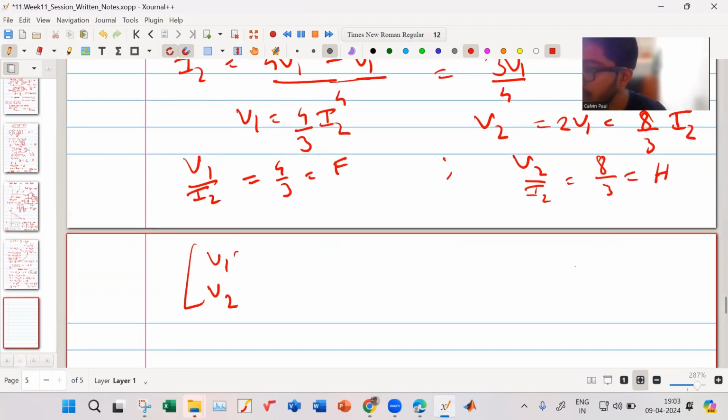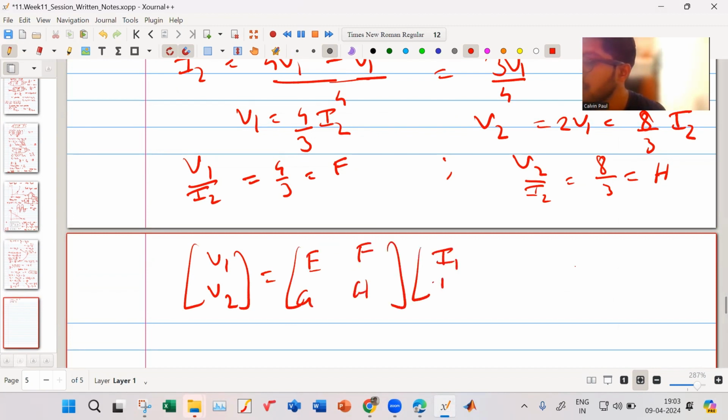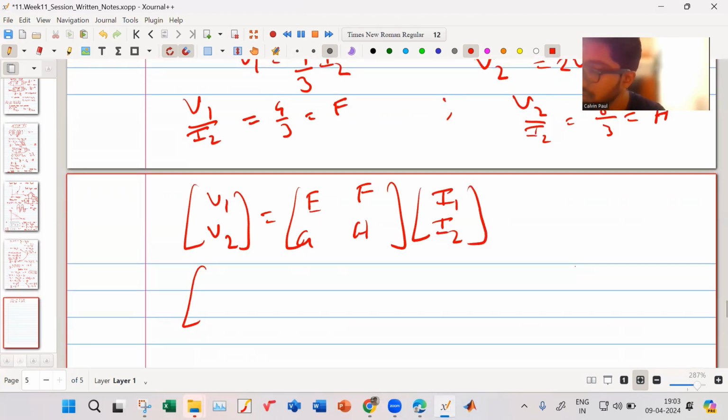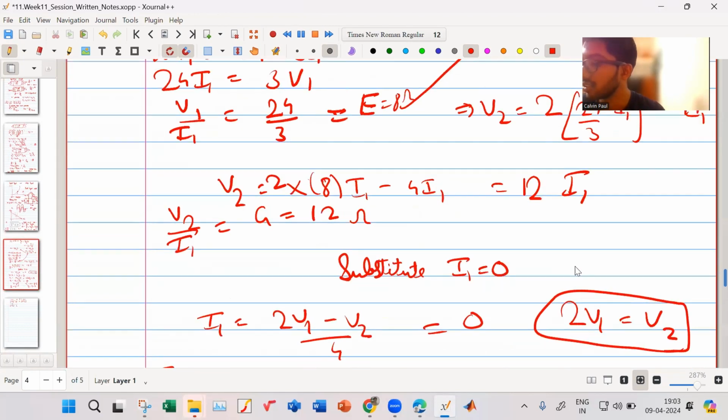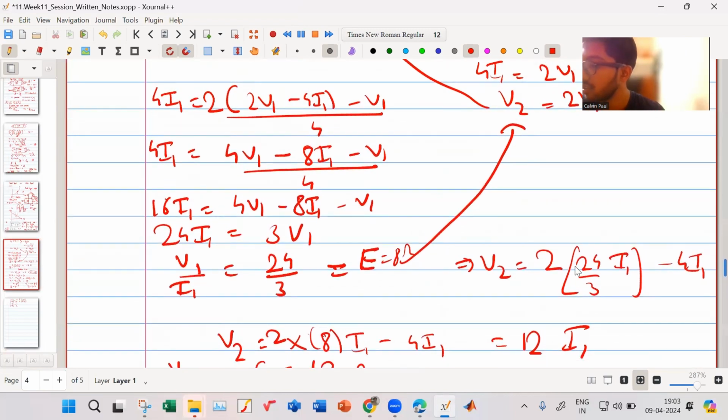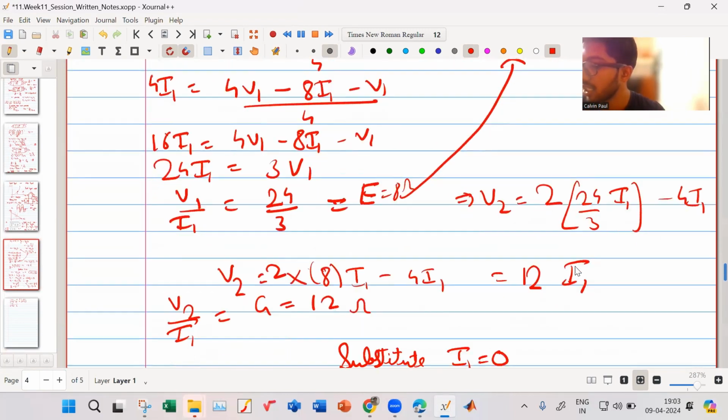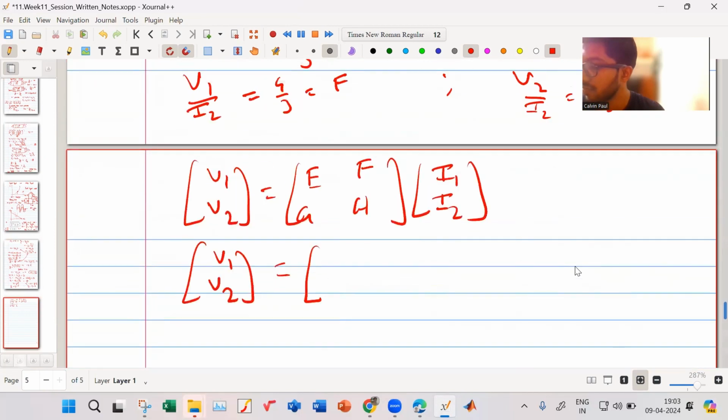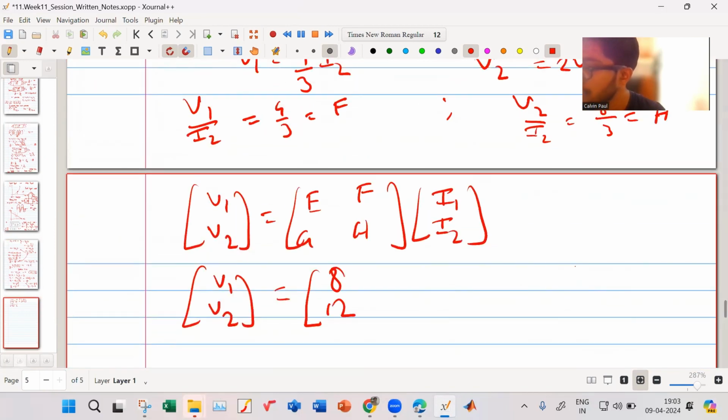We have V1, V2 is equal to E, F, G, H, I1 and I2, right? What is my E? E, if I'm not wrong, is 8, I think. E is 8 and G is 12. And my F is 4 by 3 and my H is 8 by 3.